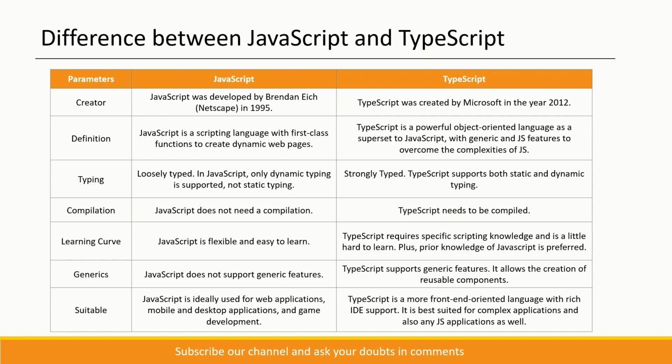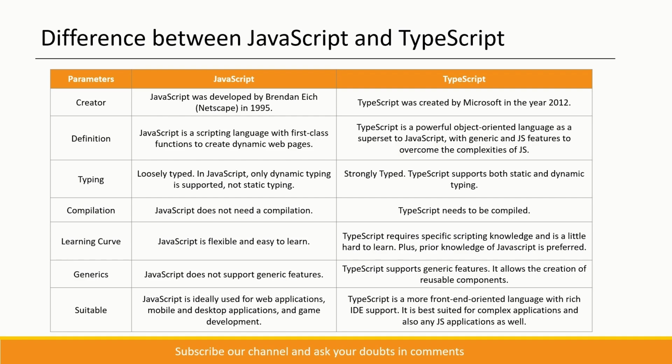JavaScript is a scripting language with first-class functions to create dynamic web pages. TypeScript is a powerful object-oriented language, a superset of JavaScript with generics and JavaScript features to overcome the complexities of JavaScript.